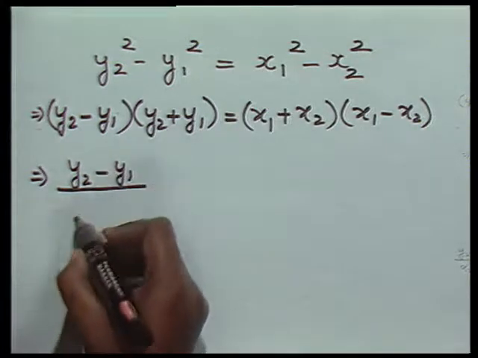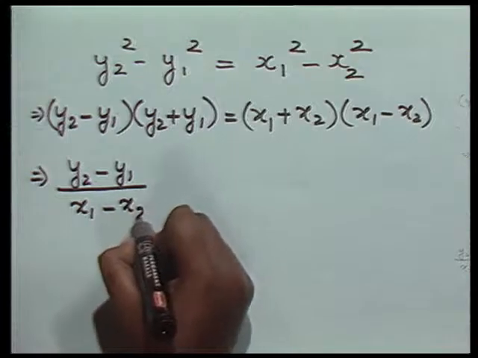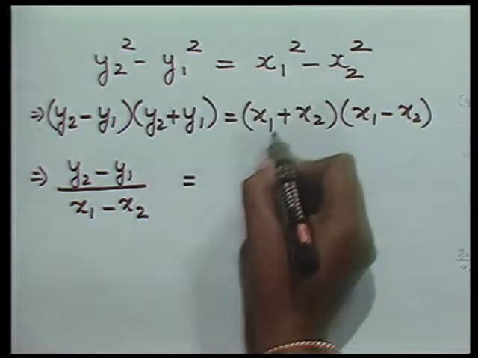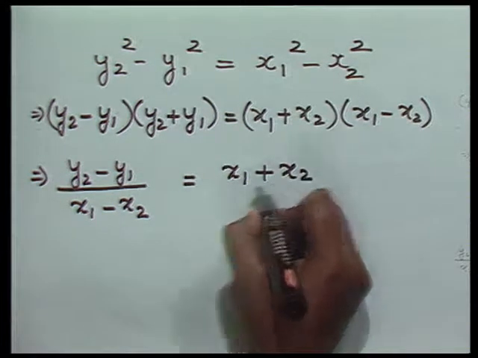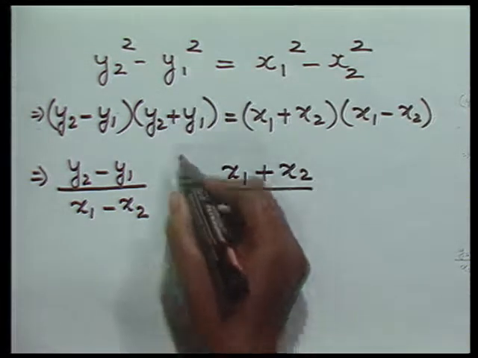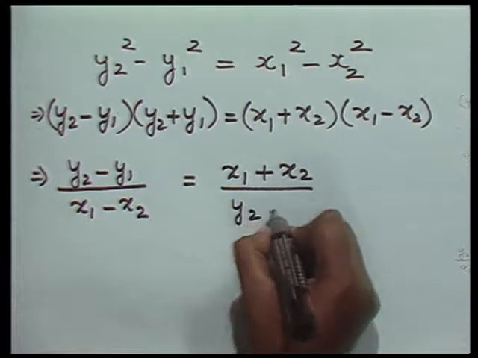Which further gives us, taking this to the left hand side, (y2 minus y1) upon (x1 minus x2) is equal to (x1 plus x2) upon (y2 plus y1), with the denominator going to the right hand side.